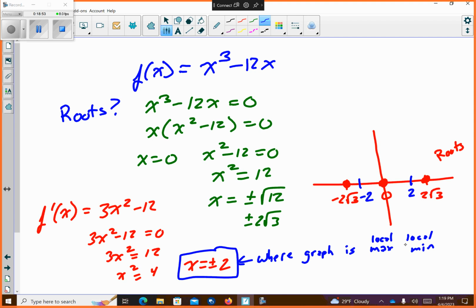Okay, so then we just kind of have to think about this. Now, there's different ways that you could go through and think about this, but let's pick a value like way out here. Let's pick, say, negative 10. If I plug negative 10 into the original, negative 10 to the third power minus 12 times negative 10, that's going to give me negative 1,000 plus 120.